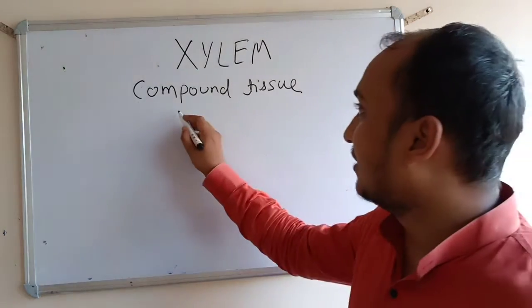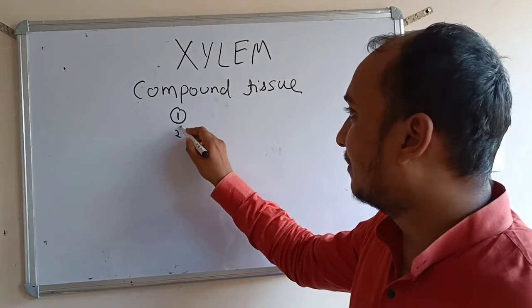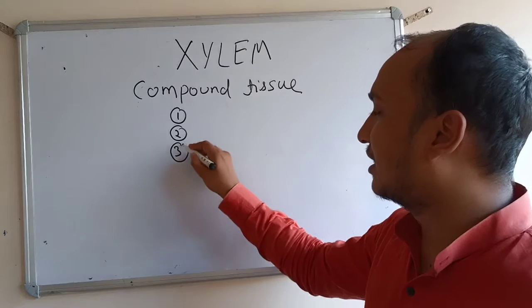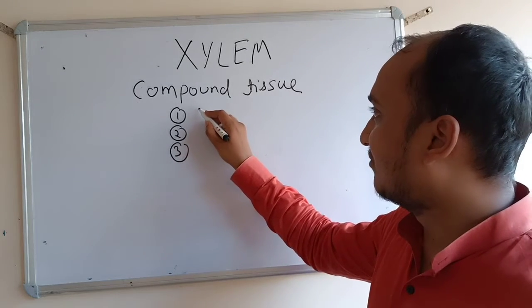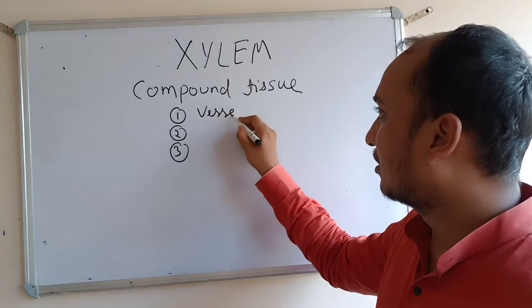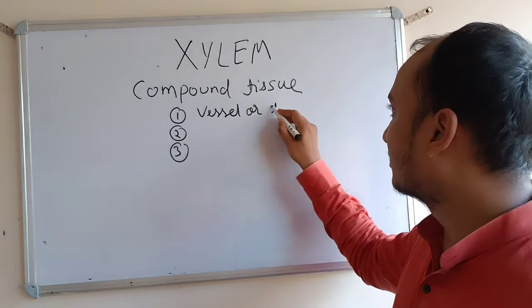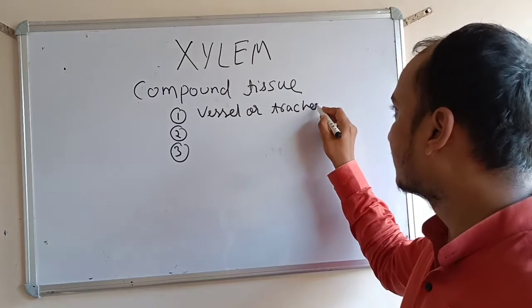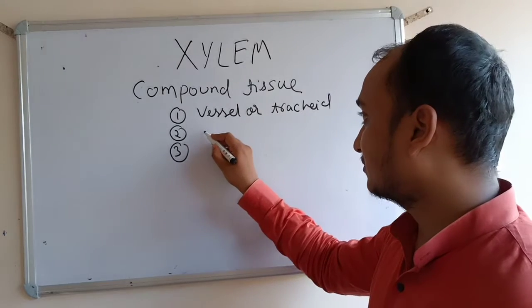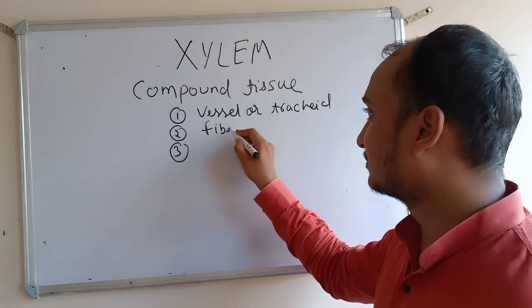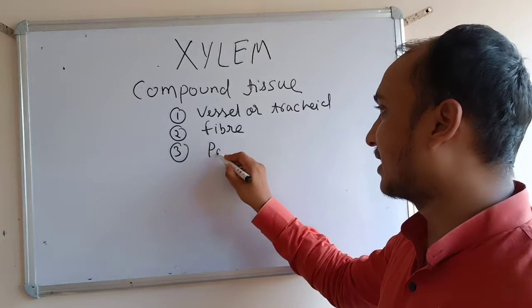So xylem is made up of basically three types of cell. One is xylem vessel or tracheids. Second is xylem fiber, and third is xylem parenchyma.